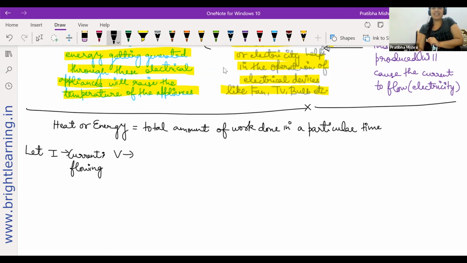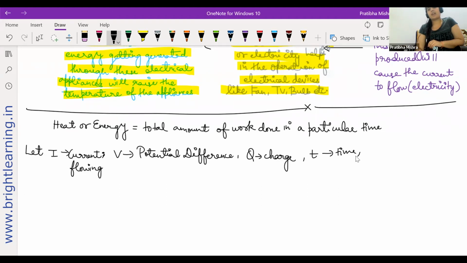The electric potential difference. It can be the potential difference across the terminals of the battery. So we have I, we have V. Let Q be the charge. Let T be the time. And let W be the work done.